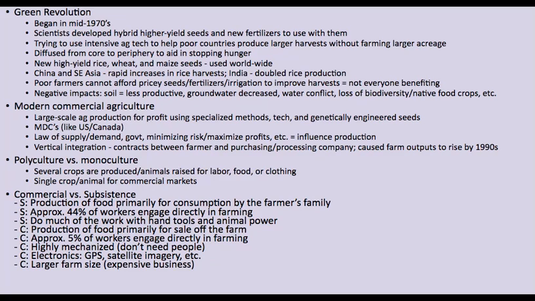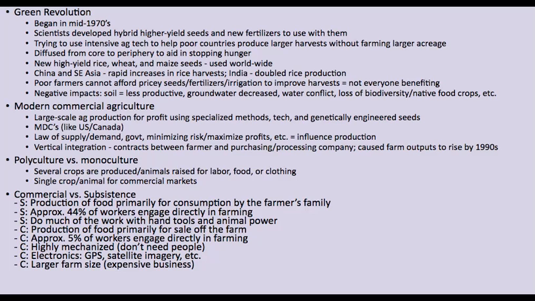Okay, so that idea of a lot of labor, a lot of man hours, a lot of time, is to help poor countries produce larger harvests without having to increase the amount of land that they have. Remembering that in a lot of poorer countries, in LDCs, farms use every inch of the land that they've got, but they don't have a lot of land.